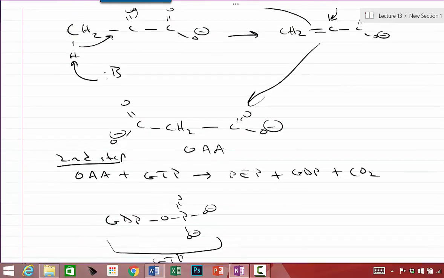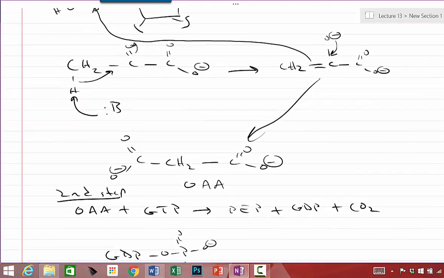Oh, by the way, I misdrew this oxaloacetate. Let me just go back up here. It's missing a carboxyl group. Okay. 1, 2, 3. 1, 2, 3, 4.